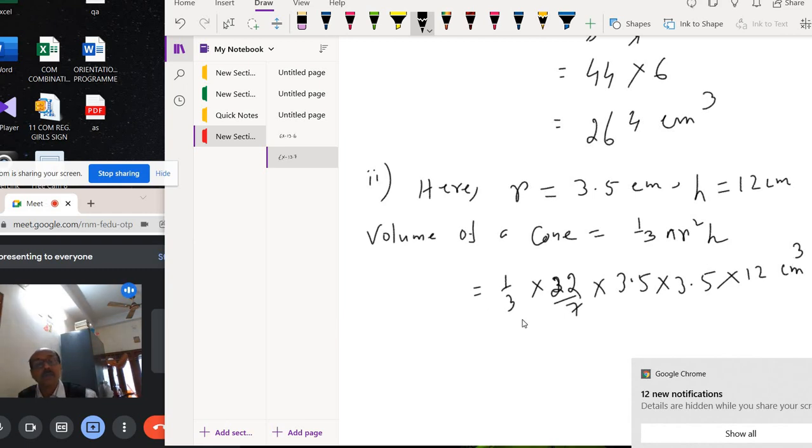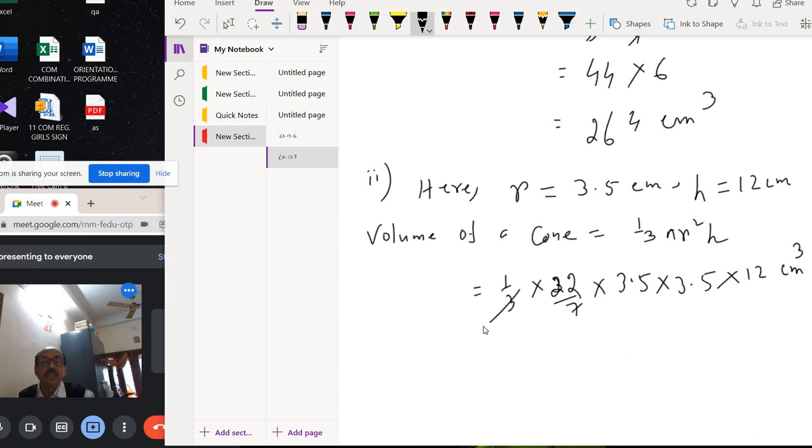Okay, so calculate now. 3 fours are 12. 7 into 3.5 is 154, and then 11 into 3.5 into 4.